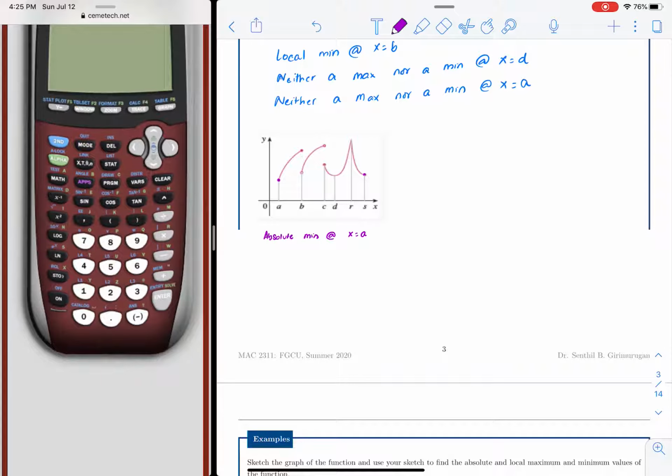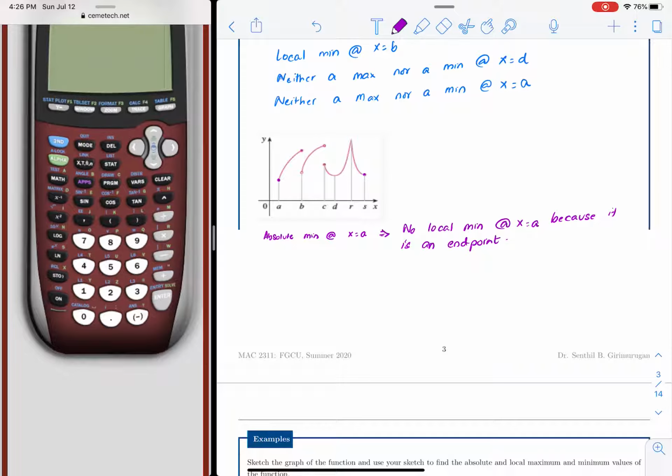Could that be a local minimum? No. It can't be because it is an endpoint.